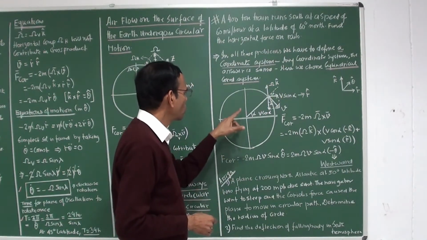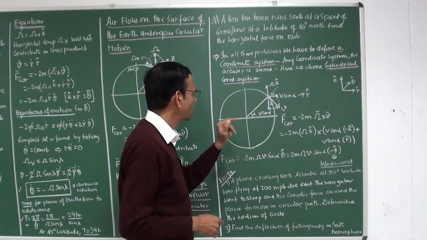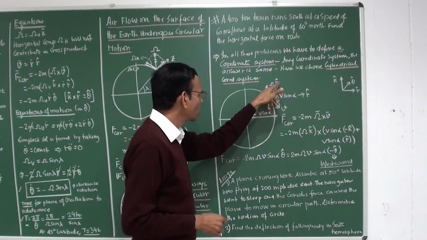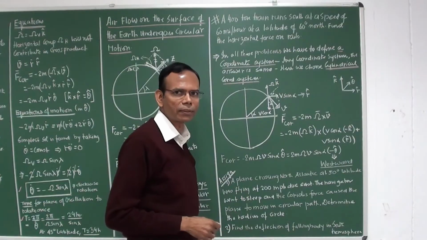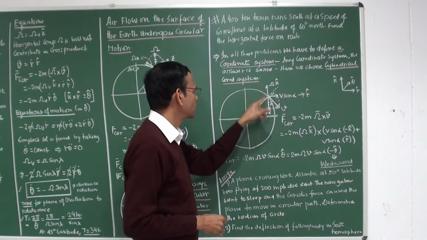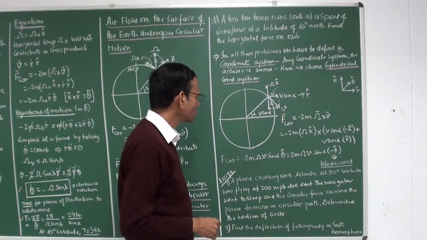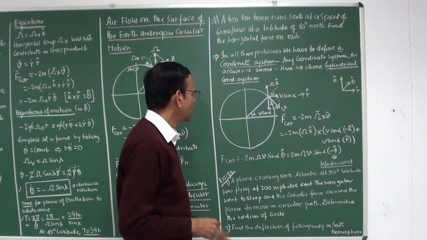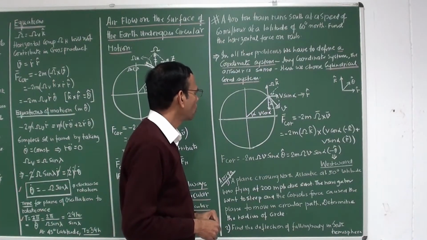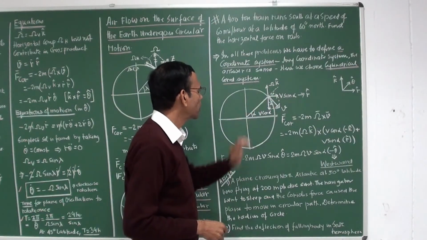Let us see. This is your angle alpha, that is your latitude. We are not drawing z cap over here. We take the z axis along this. Okay, this is my z axis. So if that is my z axis, then omega is omega k.